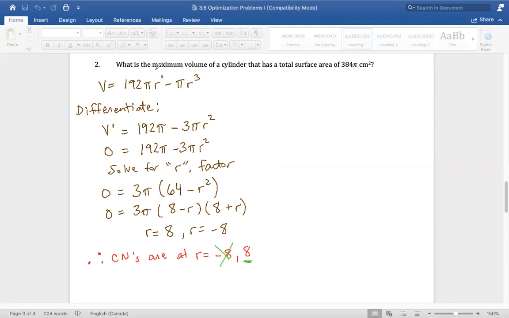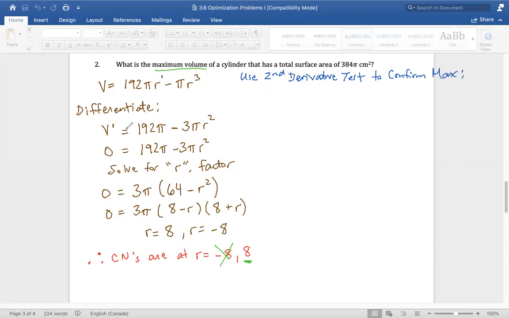And what I'm trying to do is maximize my volume. So I'm going to use, I'll write that out here, the second derivative test to confirm, using concavity, that I have a maximum.